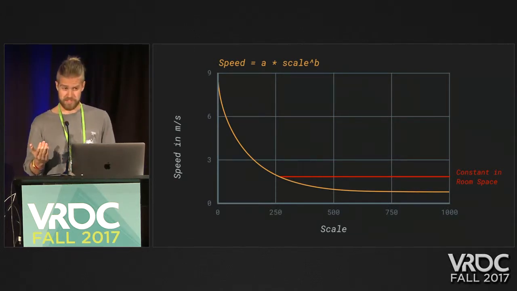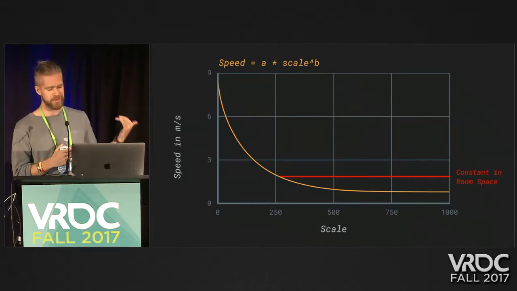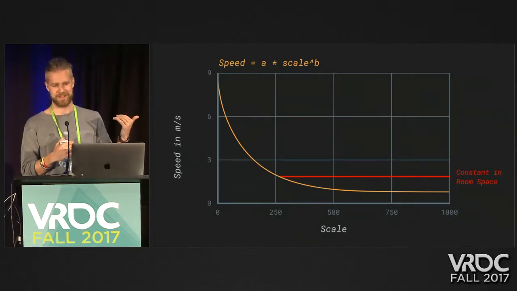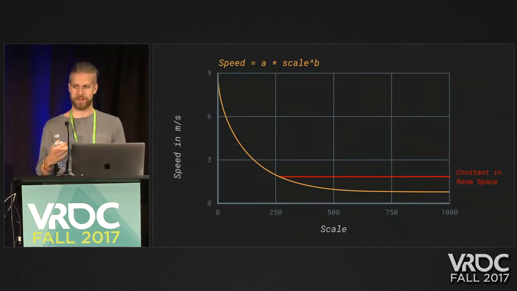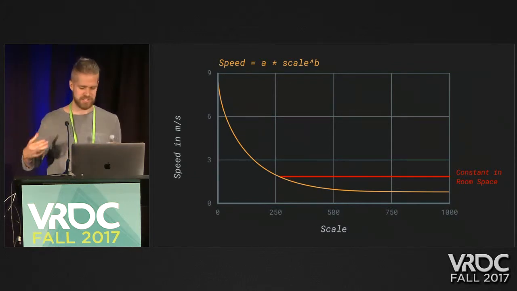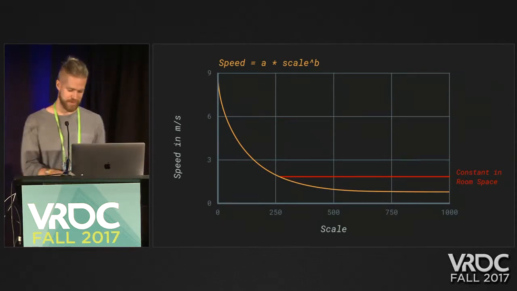A cool trick was that, with the orange curve you see here, we thought the value it converges to was a little bit too low. So we just switched to a different constant speed after a certain scale. You might think that is really crazy, a really discontinuous acceleration that must feel really bad. But in reality, when you fly around, there are so many things happening and you're changing scale, so it's not that noticeable. I thought that was a cool trick that just worked out.